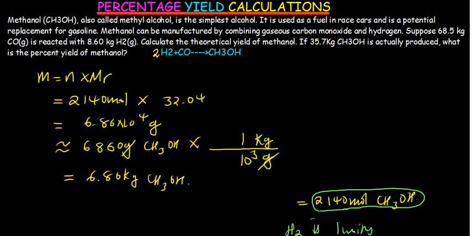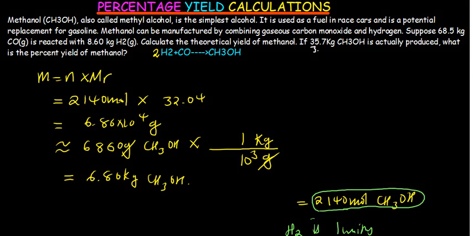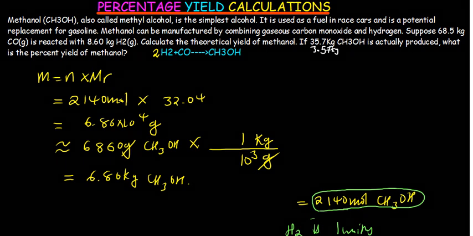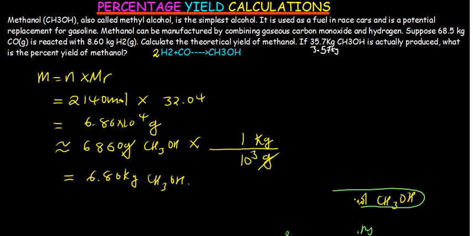Now for the value that has been given, pardon me, this is supposed to be 3.57 kg instead of 35. It's 3.57 kg. Now the last question: what is the percentage yield? How do we calculate the percentage yield?